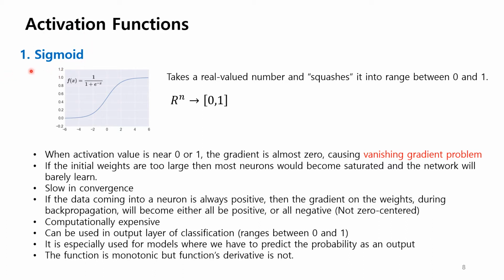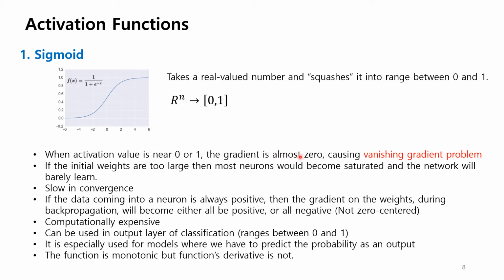When you use the sigmoid activation function, in many cases the output is very close to 1 or 0, okay? And if the output is near 1 or 0, its gradient is almost 0. That causes vanishing gradient. So you multiply this gradient many times, and each gradient is almost 0.